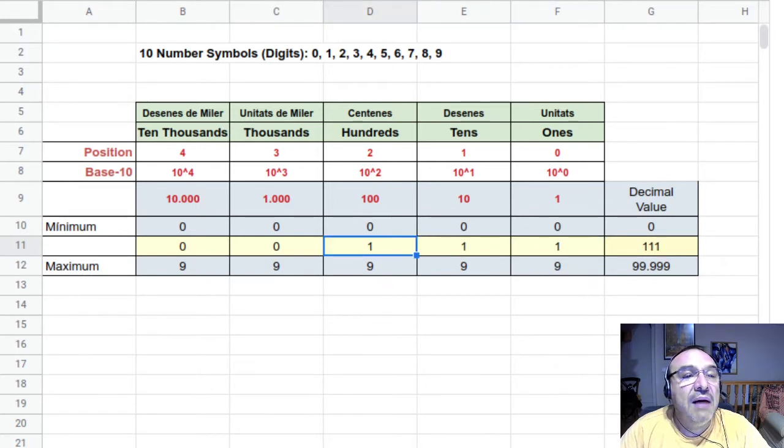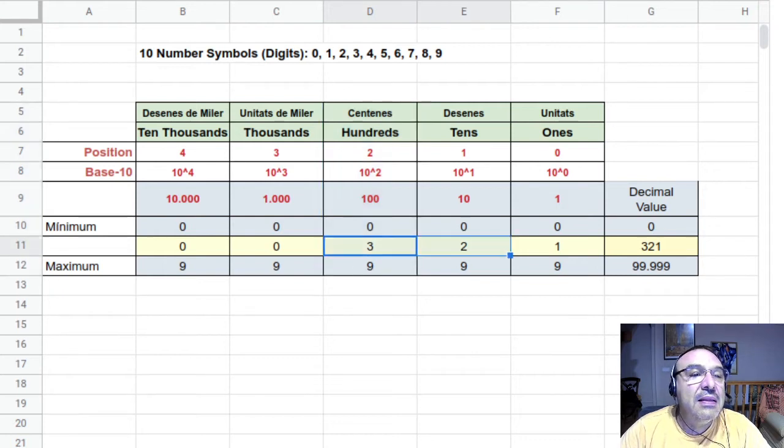It means that you have 1 in the position of the hundreds, 1 in the position of the tens, and 1 in the position of the units, the ones. If you change the symbols, for example 3, 2, 1, it means that you have 1 unit in that column, 2 tens in that column, and 3 hundreds in that column.